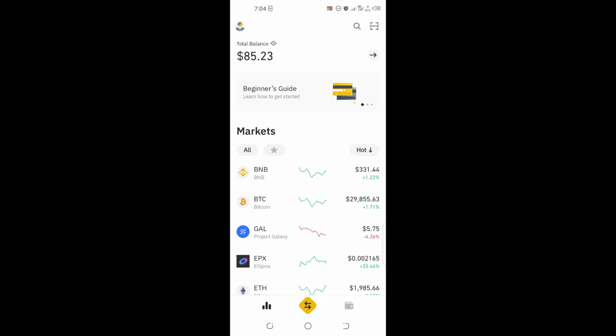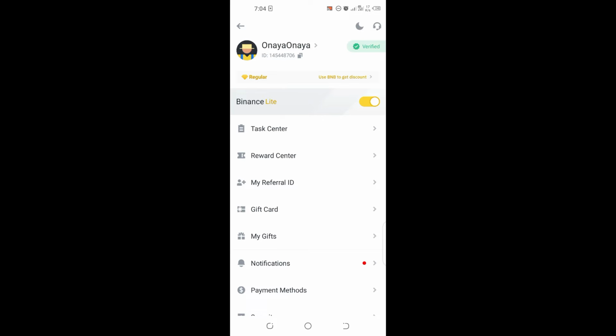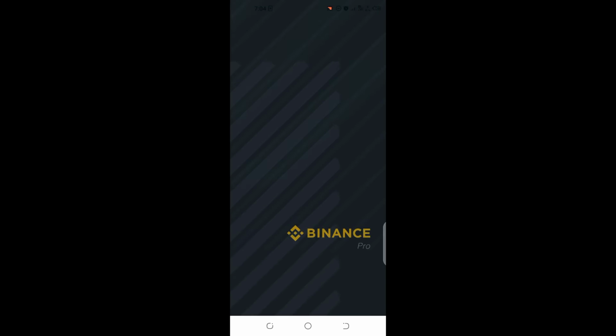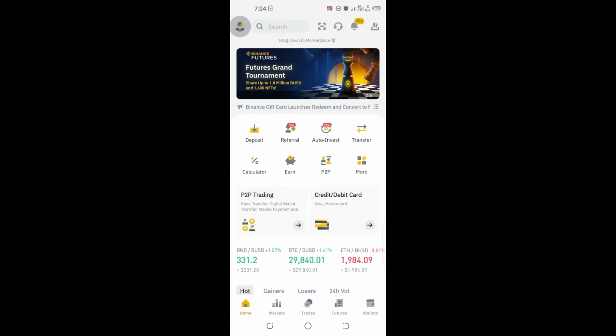So if you want to do futures trading, you need to go back to Binance Pro. I will toggle back by clicking the same button at the top left hand corner, and I can switch to Binance Pro. As you can see, I'm now on Binance Pro.